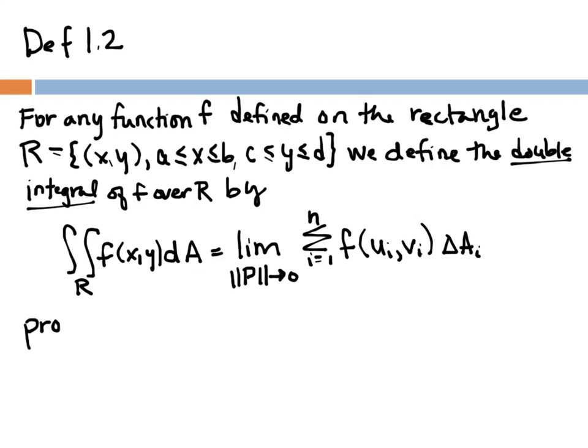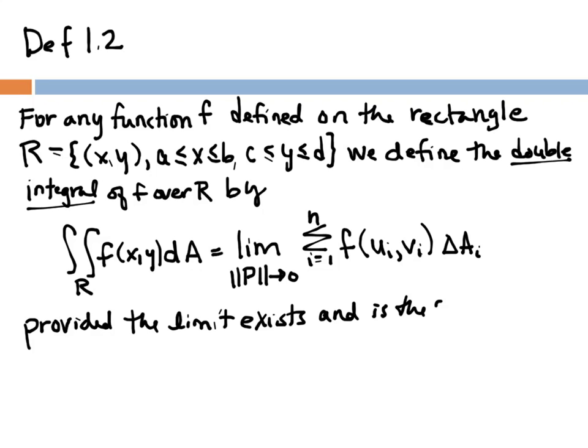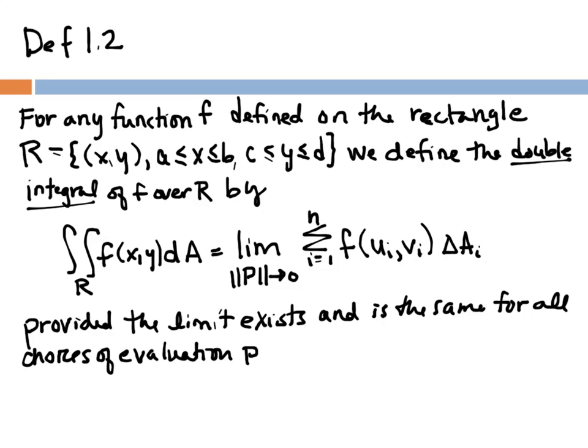Again, with some conditions, provided the limit exists and is the same for all choices of evaluation points u sub i, v sub i in the regions R sub i for i equals 1 to n.